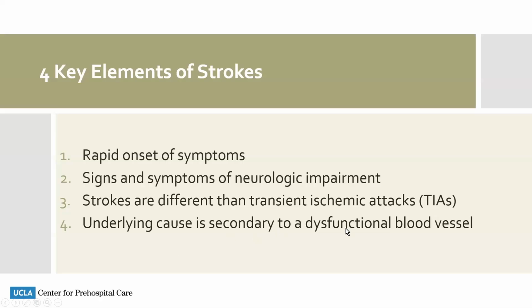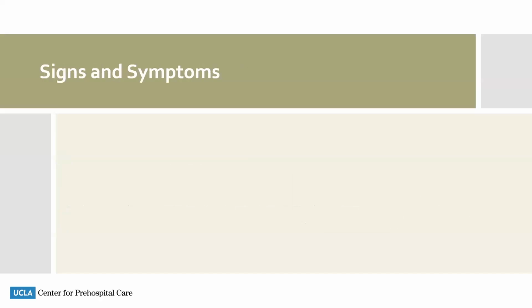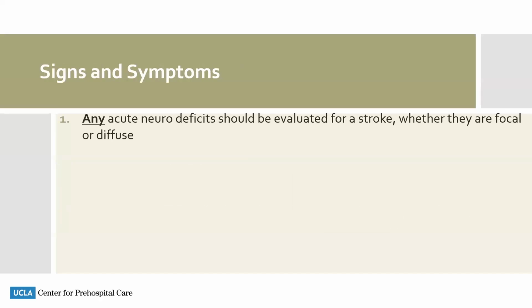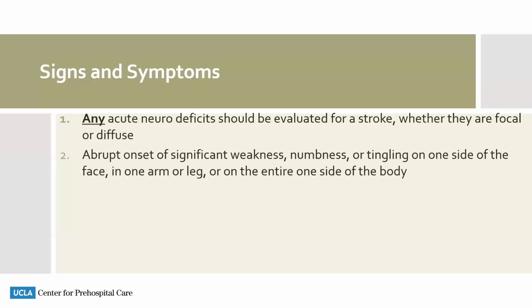Underlying cause is usually due to a dysfunctional blood vessel. Is there a clot in there, or did a blood vessel burst and there's now bleeding in the brain, excuse me. So signs and symptoms, we need to evaluate any neurodeficit as if it's a stroke, right?